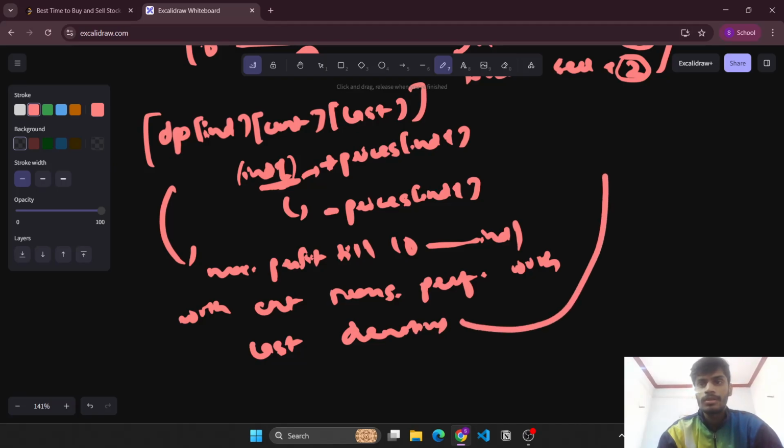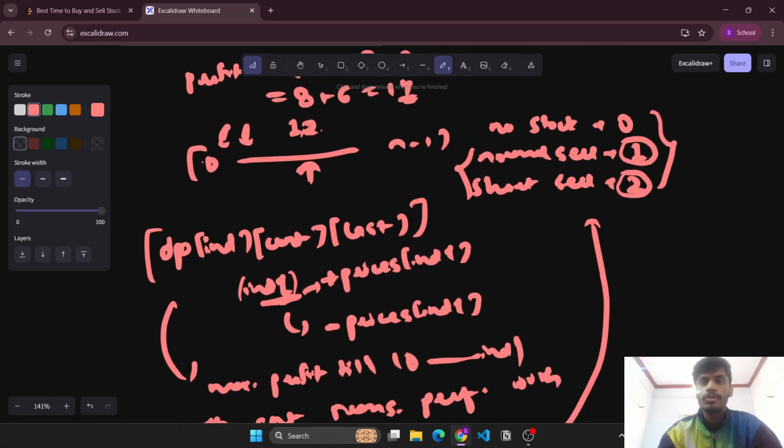If last is 0, we have no stock at hand. If last is 1, we have a normal stock to sell, and if last is 2, we have a short stock which we will be buying at a later stage.